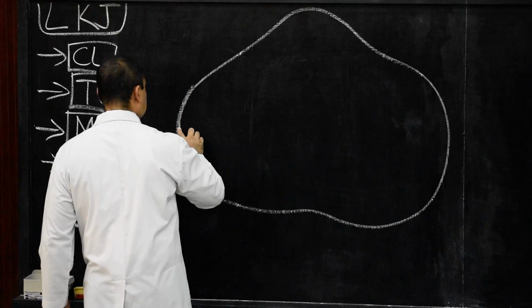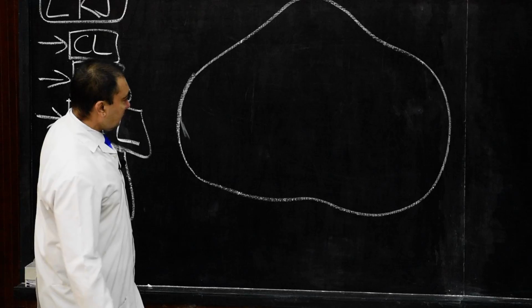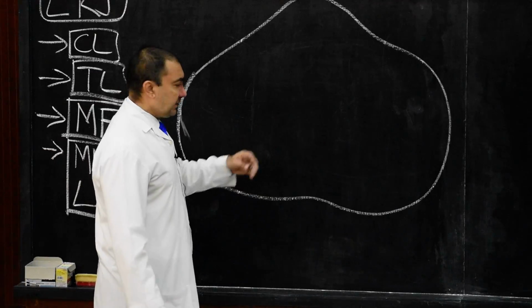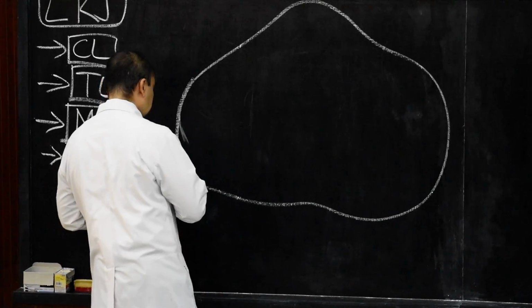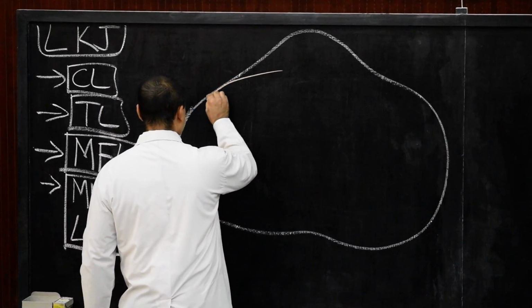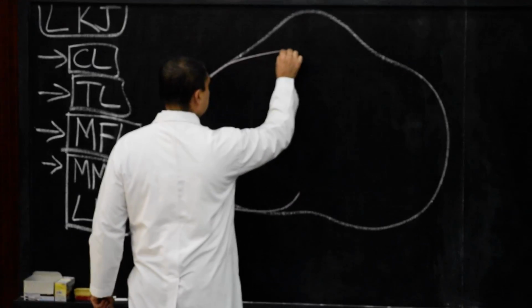Now, this is the line diagram of the tibia, superior surface, the medial and lateral condyle, on which we are going to draw the semilunar cartilages. So, this will be the semilunar cartilage here.